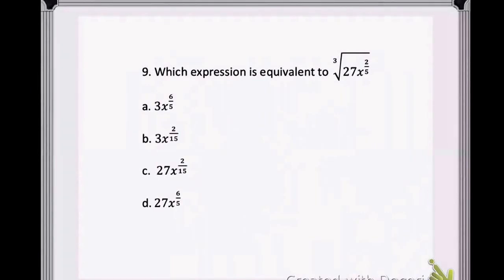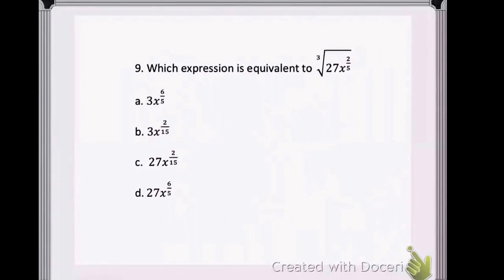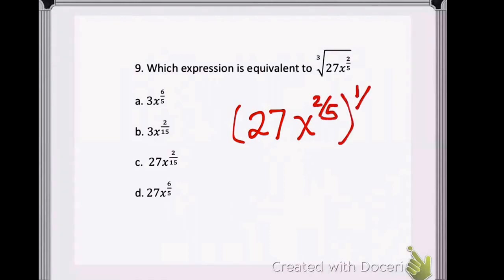Number 9, which expression is equivalent to the cube root of 27 x to the 2/5? Now, if you use your properties, you know that you can split this up. So that would be 27 x to the 2/5 power, and I can rewrite that in exponential form, which would be the 1/3 power. I know if I have a product that I'm raising to a power, then I can distribute my exponents.